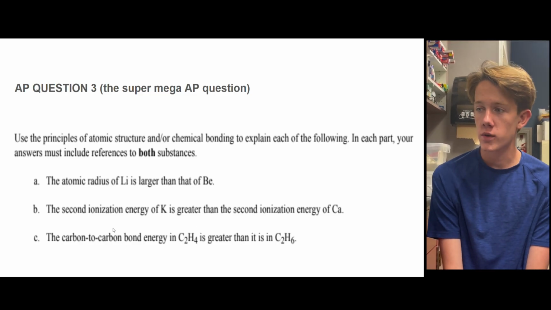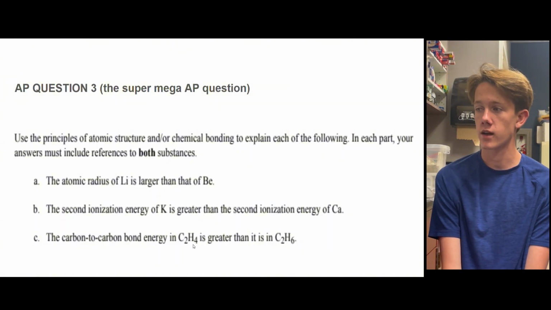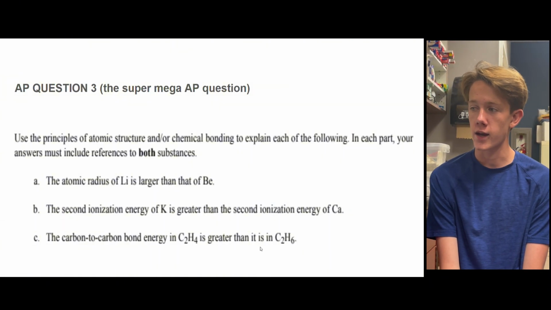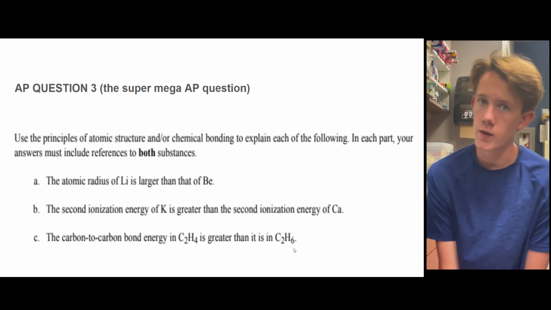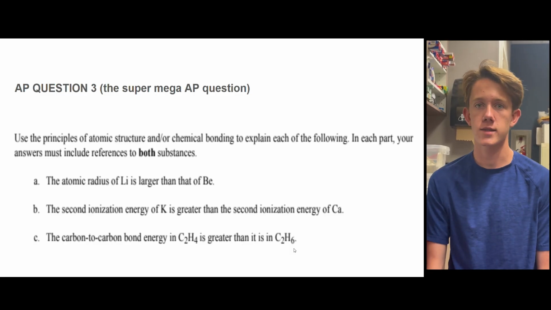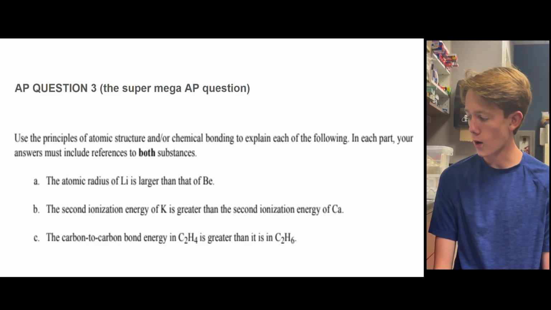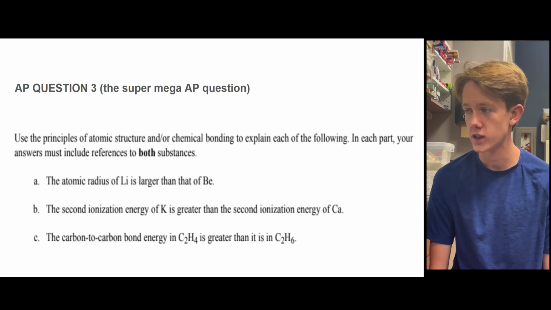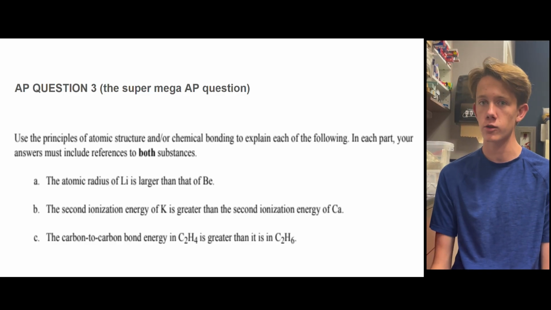For C, the carbon-to-carbon bond energy in C2H4 is greater than it is in C2H6. This is because in C2H4 the carbon-to-carbon bond is a double bond compared to C2H6, where it is a single bond.